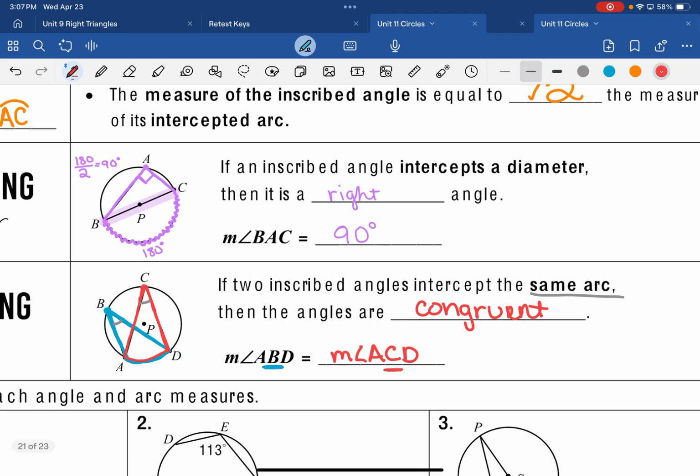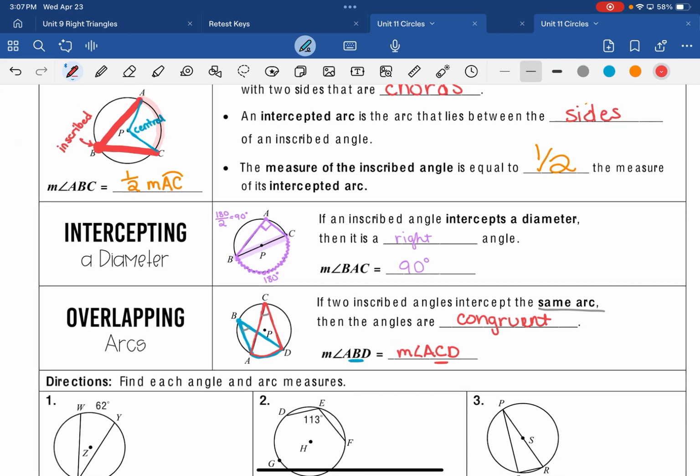Okay, so those are all of our rules, just kind of like intro for inscribed angles. If you have two angles that are on the same side, share an arc, they're congruent. If you have an inscribed angle that's made by a semicircle or a diameter, that's always going to be a 90-degree angle. And then your inscribed angle is always half of your arc.